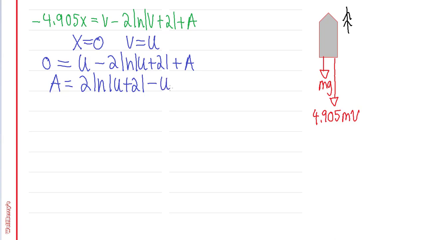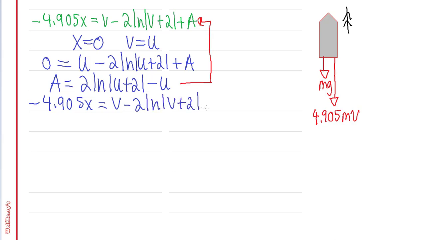That's the integration constant. Now substituting this integration constant back into the general solution will give us the particular solution. So we'll have minus 4.905x equals v minus 2 ln (v plus 2) plus 2 ln (u plus 2) minus u. That's our particular solution.